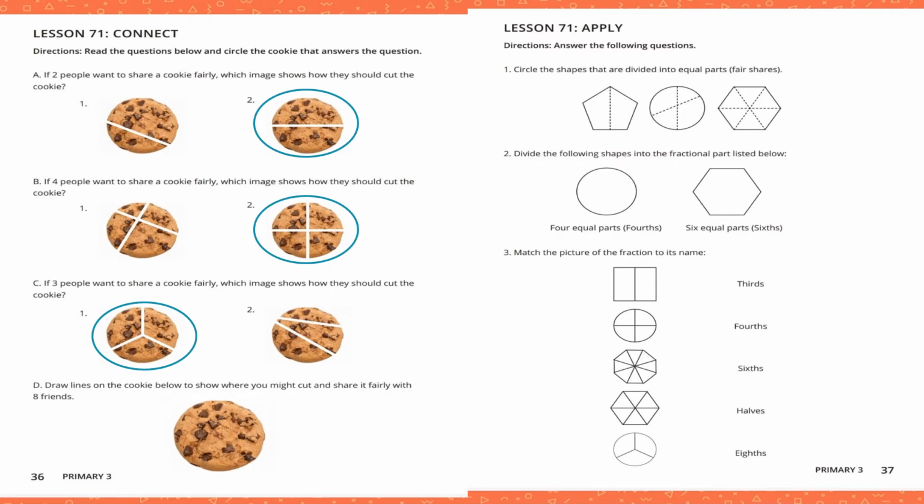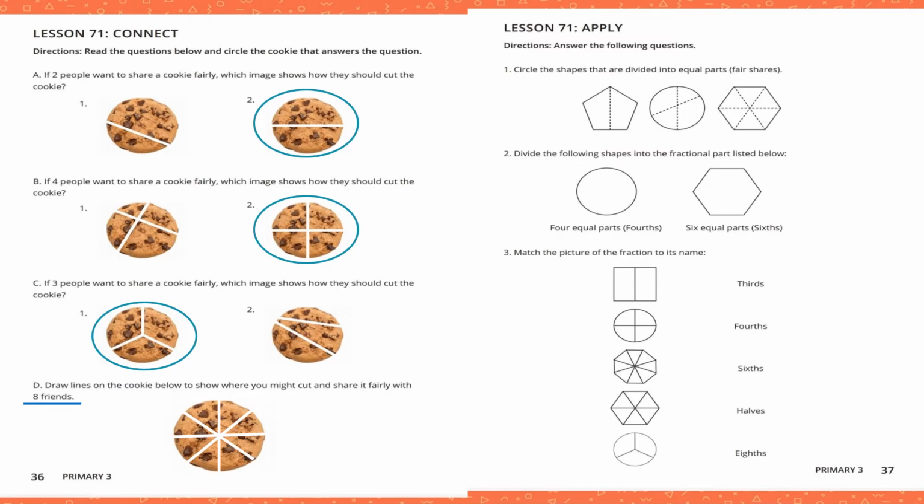Here he wants me to draw lines on the cookie below to show where you might cut and share it fairly with 8 friends. I have 8 friends. So I must divide it fairly or equally. Like this.